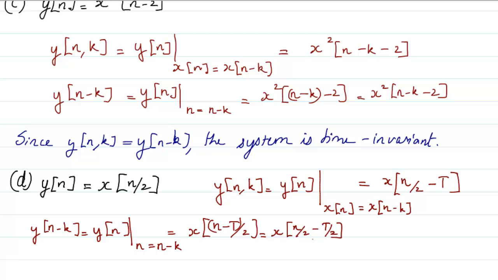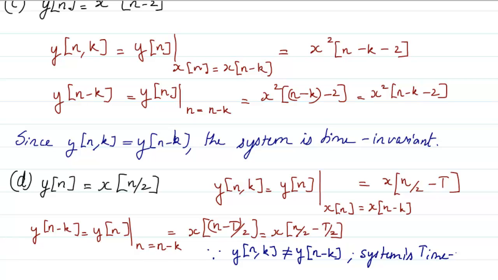Hence we can say that the system is time variant, because y of n comma k is not equal to y of n minus k. So like this we can find out if systems are time variant or time invariant.